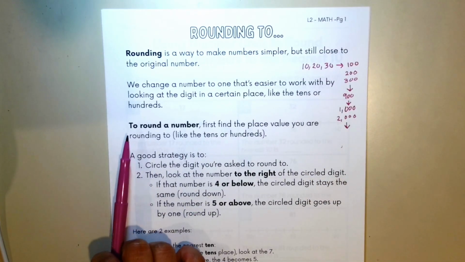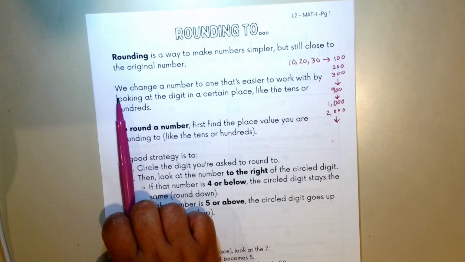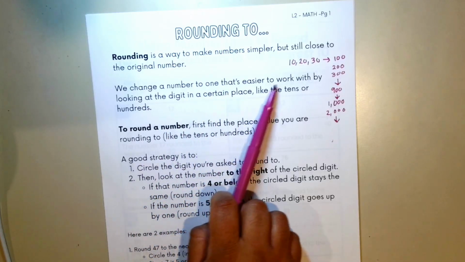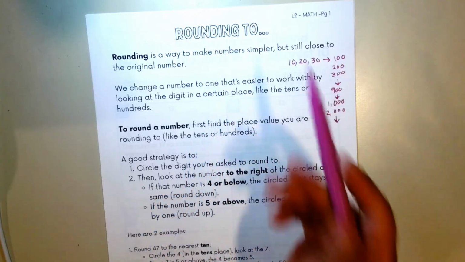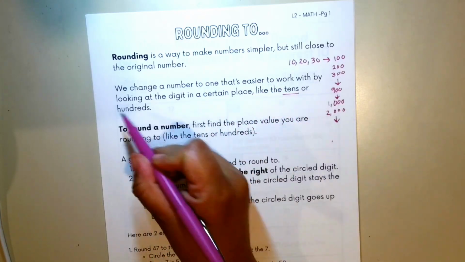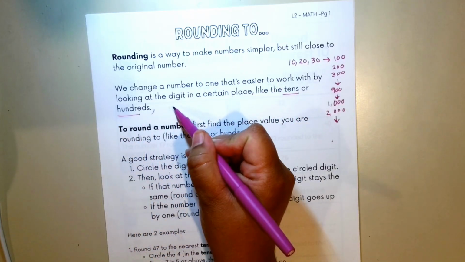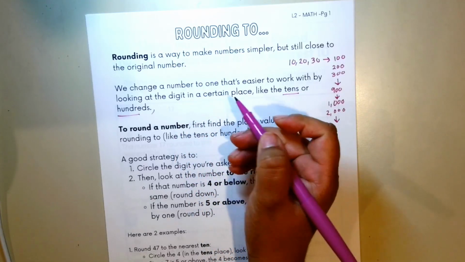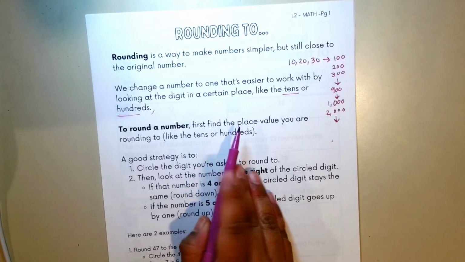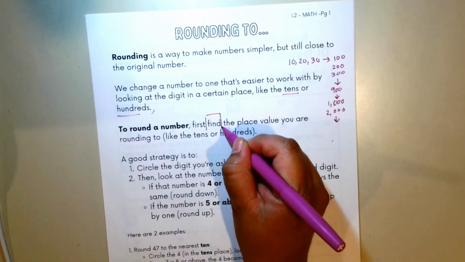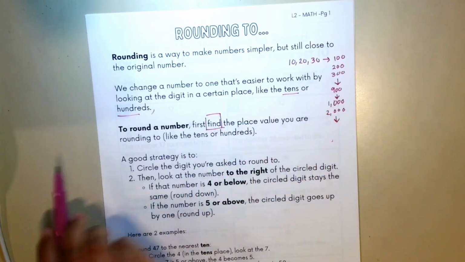Okay, so here we go. So we change a number to one that's easier to work with by looking at the digit in a certain place, like tens or hundreds, thousands, 10,000s, right? To round a number, first find the place value. So that's going to be our first task.